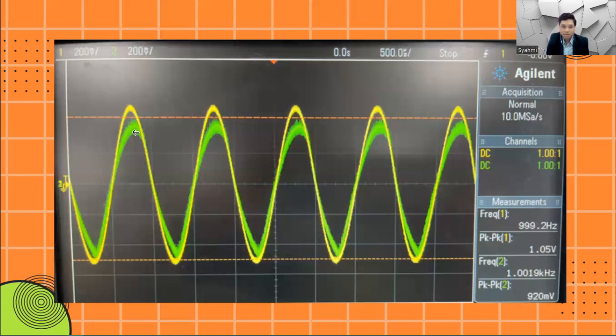That's why its amplitude is considerably lower than it should be.